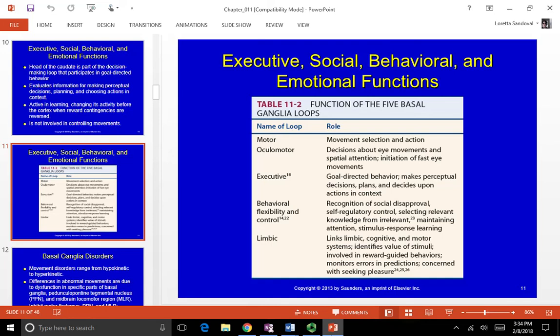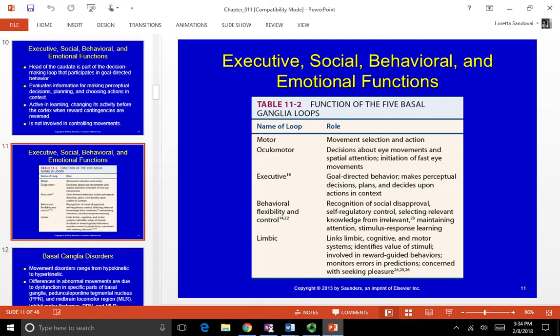The executive loop is your goal-directed behavior, making perceptual decisions, plans, and deciding on actions in context. And the behavioral flexibility and control loop, that's social disapproval. So like you might make sure that you cover your mouth with a Kleenex when you sneeze or sneeze into your elbow because you don't want to meet the social disapproval of your peers for spreading germs during the flu season.